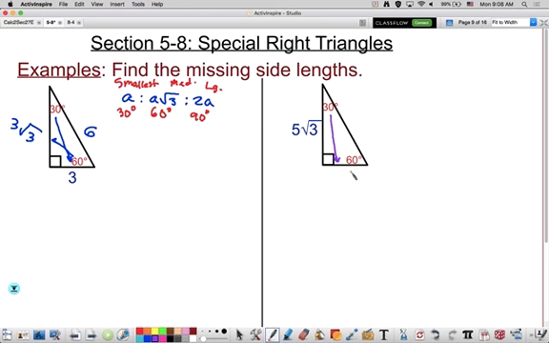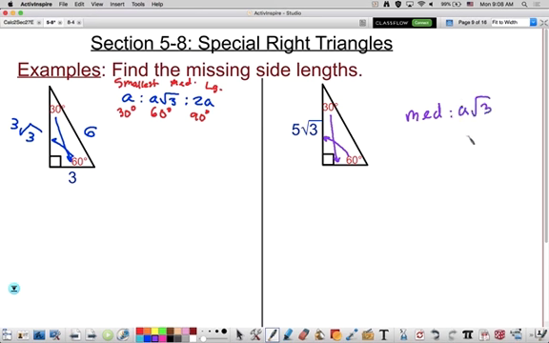How'd you get 5? You're right. What told you it's going to be 5? It was a guess. What side did they give you? They gave you the medium side. The medium side, you said, is A times the square root of 3.